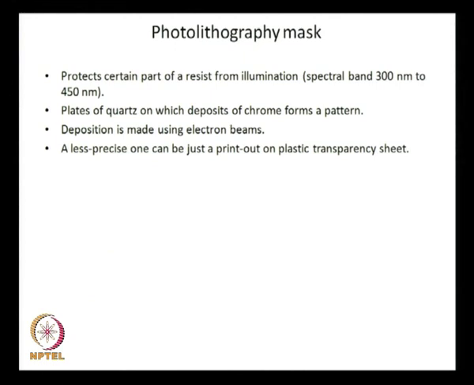We briefly point out, I will probably get into the photolithography process in the next class, that there has to be a mask and there has to be a light source. Light would be on the top, and then there will be a mask. Mask means a certain portion is black and a certain portion is white.